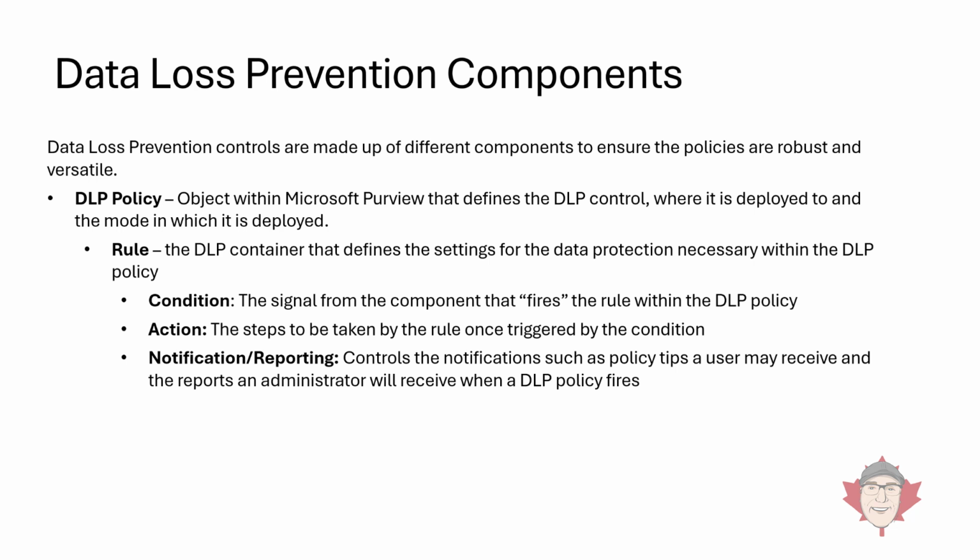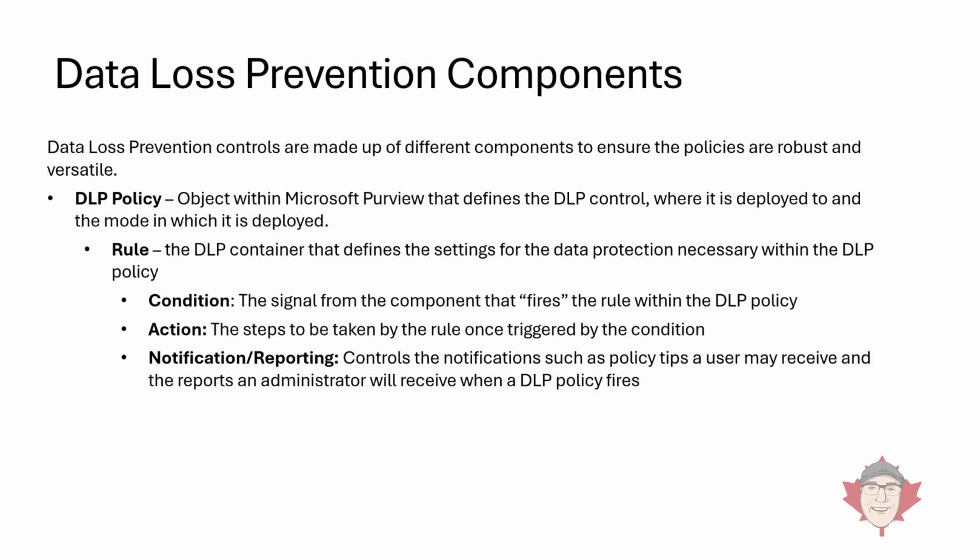A policy also contains the rule. This is the part of the policy that actually does something. A rule, in turn, has three main parts. The first is the condition. Basically, this is what the policy is looking for, such as content shared externally or restricted content shared internally. The second part is the action. What do you want the policy to do once it's triggered by the condition?